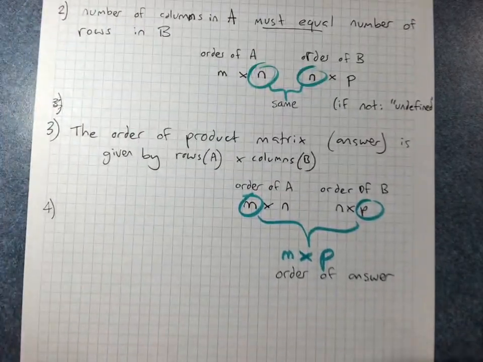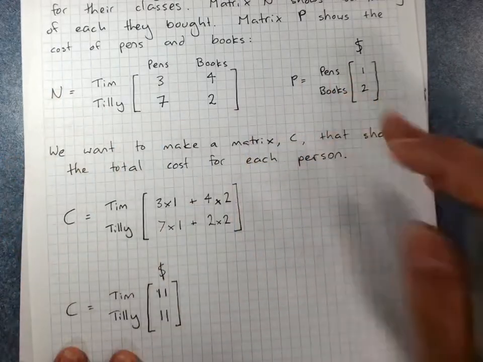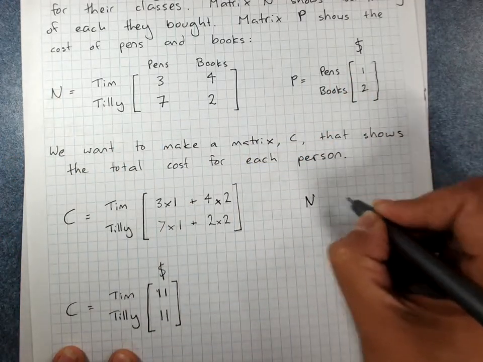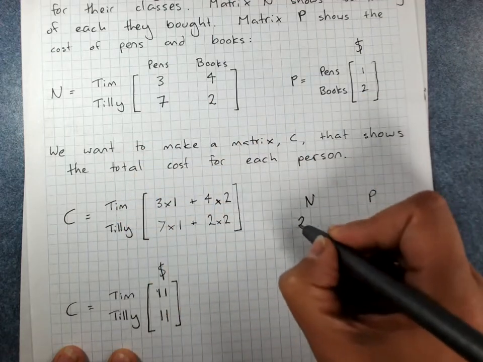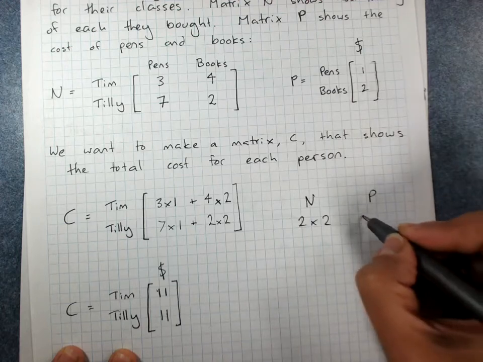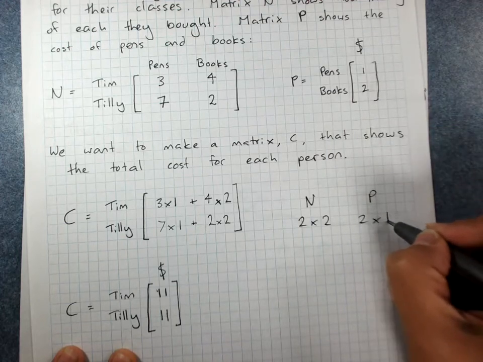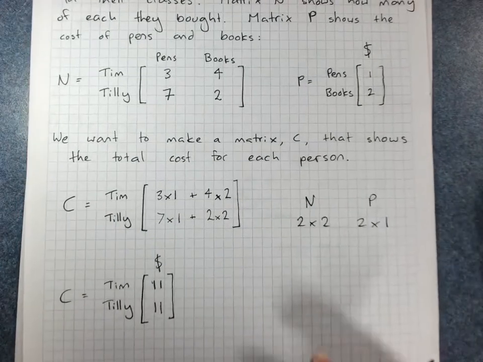So if we go back to this, I had n and p, rows by columns. This is a 2 by 2 matrix. This is a 2 by 1 matrix. These 2 are the same.